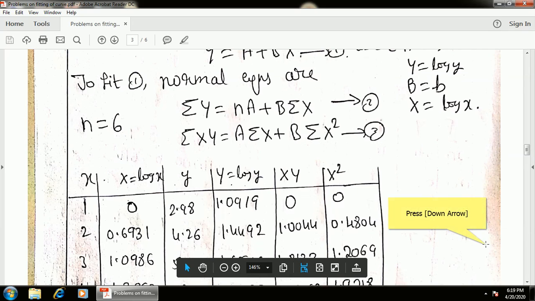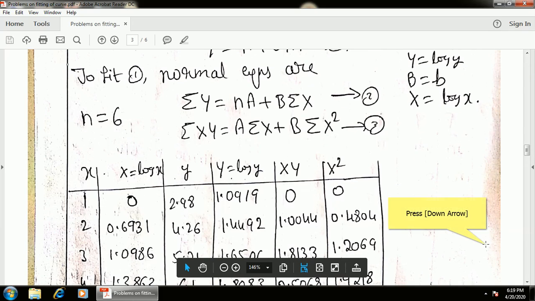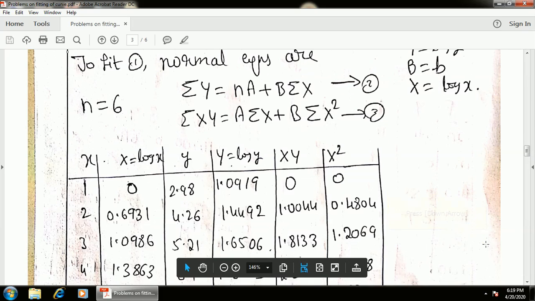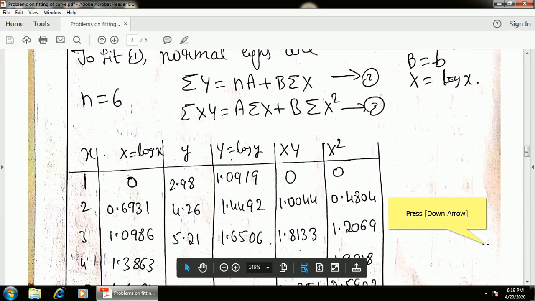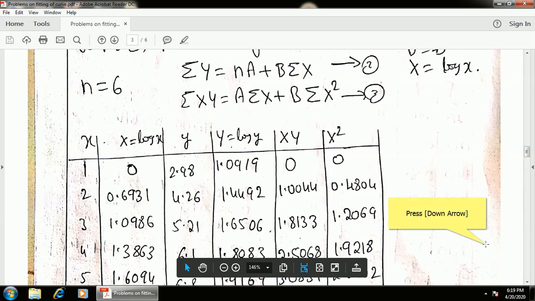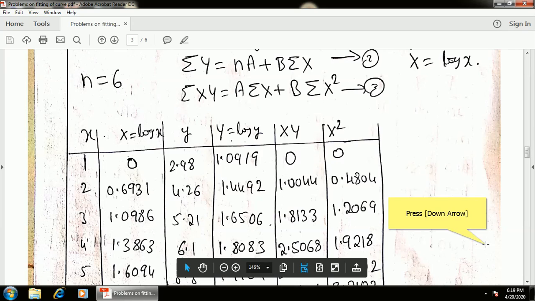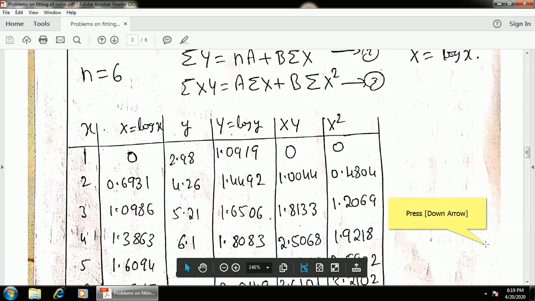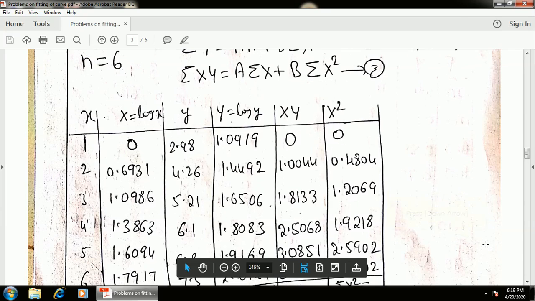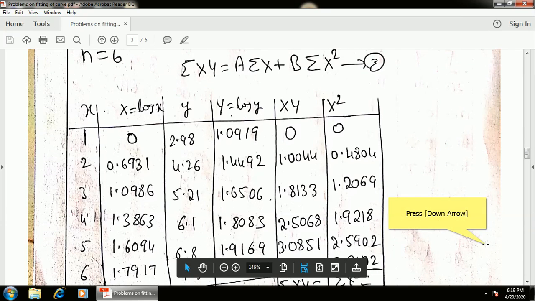Find the sums of capital X, capital Y, capital XY, capital X square.